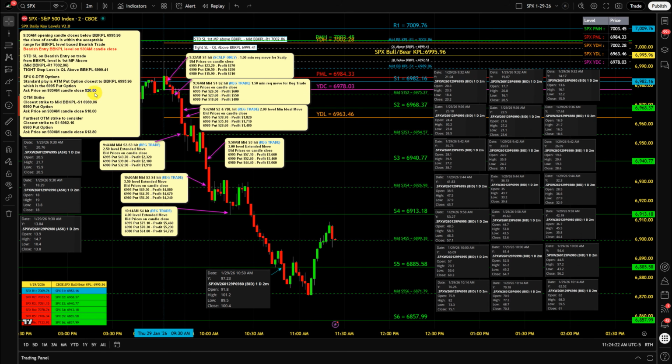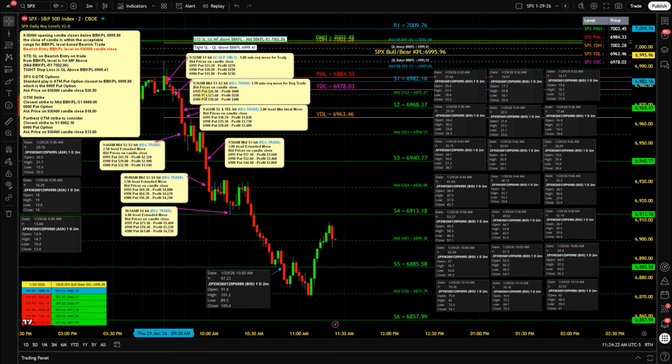Or adding 10 to 15% on top of that if you want to add an initial profit buffer on top of this 20.50. So for example, 10% would be $2.05. You could just round it down to $2 and just say it's $22.50. 15% would be roughly $3, so that would be $23.50.